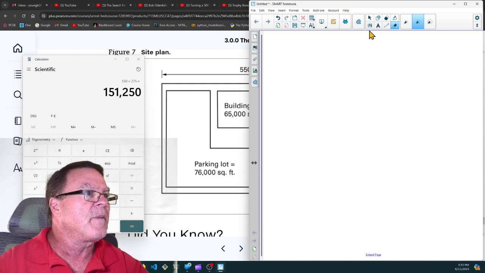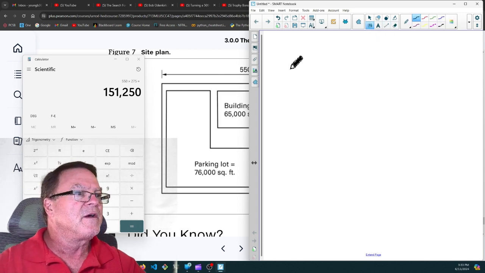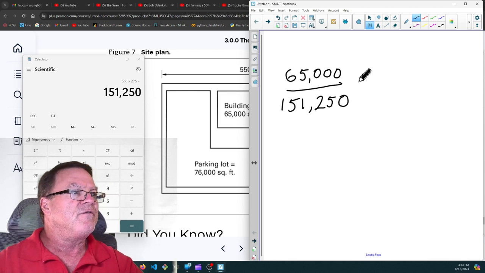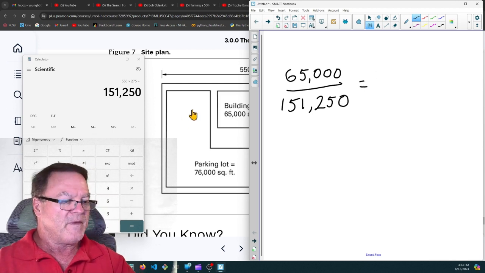So 65,000 square feet of building divided by the entire lot, 151,250. And that will give me the percentage of the building.